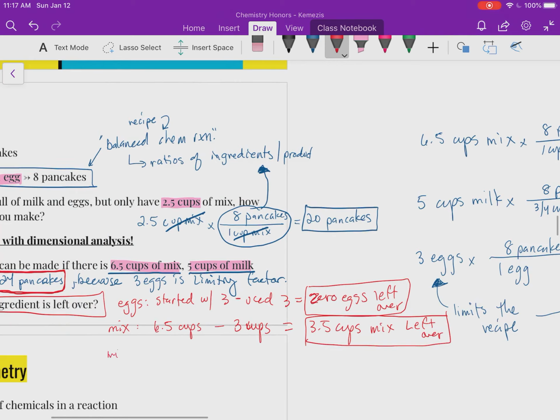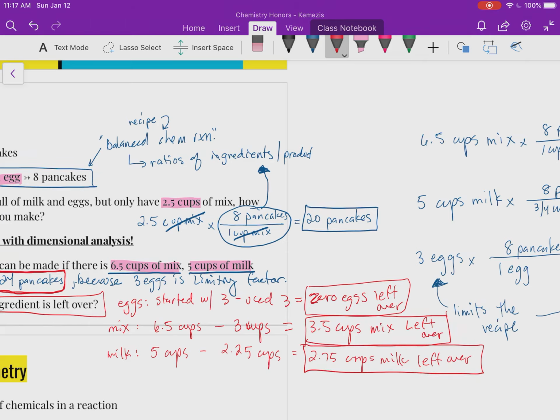And we can say for the milk, we started with 5 cups. We used 2.25. Oopsies. So we have 2.75, 2 3/4 cups of milk left over.